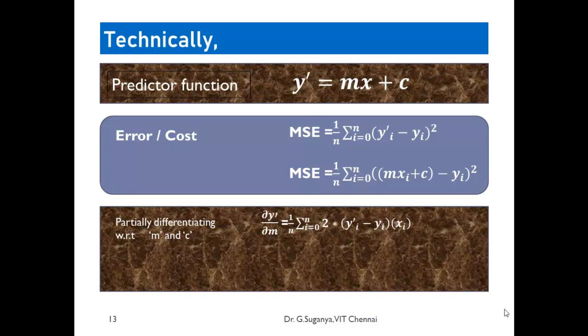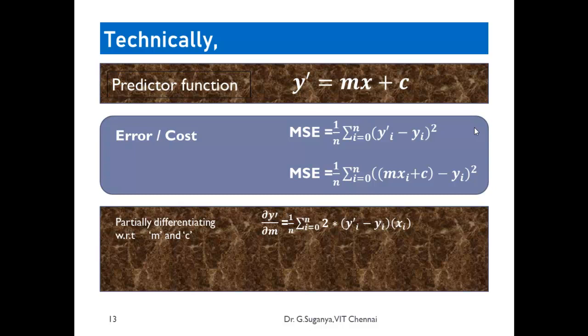First I am partially differentiating with respect to m. If you differentiate x squared, it will become 2x, and hence 2 into the same equation, y dash of i minus yi. Again we need to partially differentiate this inner part, which is mxi plus c.